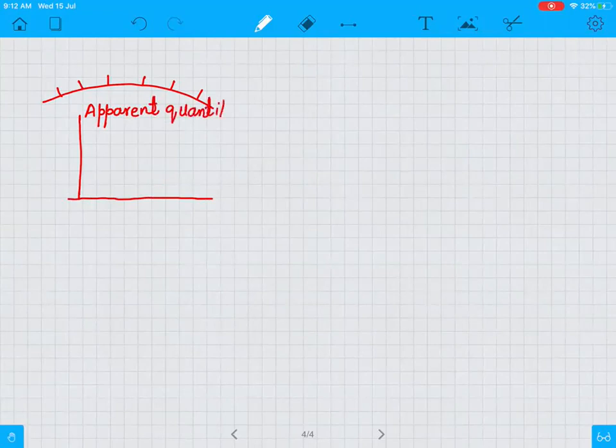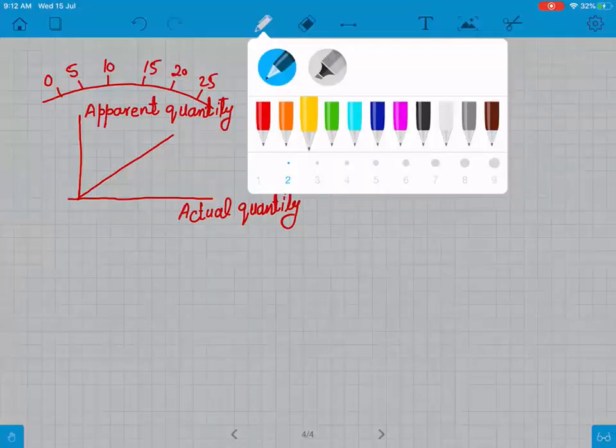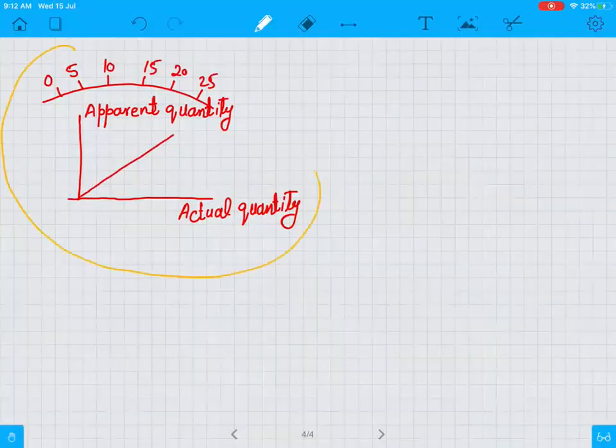A calibration curve is a graph between apparent quantity and actual quantity. Here you see the divisions are uniform. When the divisions are uniform, the graph is a straight line through the origin. So this is a calibration curve with uniform sensitivity.